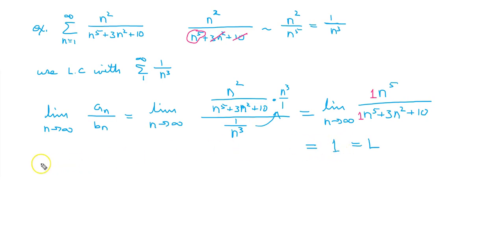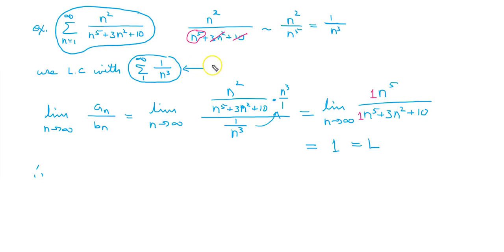So therefore, these two series, they both do the same thing. They either both converge or they both diverge. Well, we know that this one converges by the p-series test because the p is equal to 3, which is strictly bigger than 1, of course.